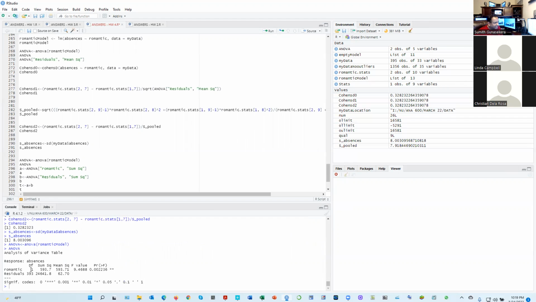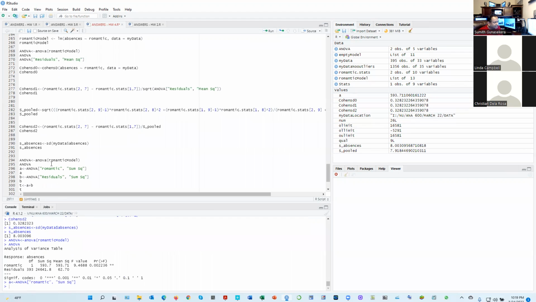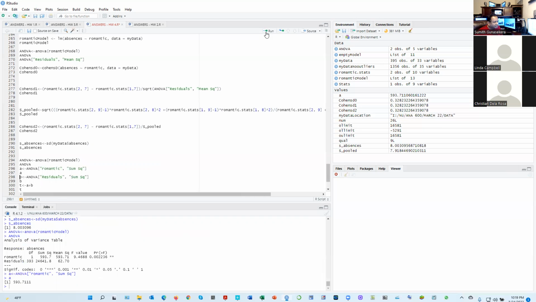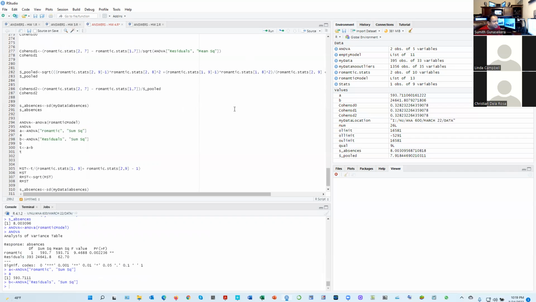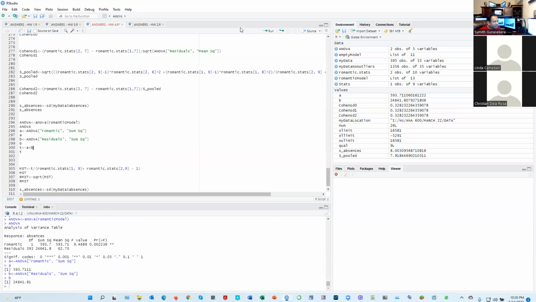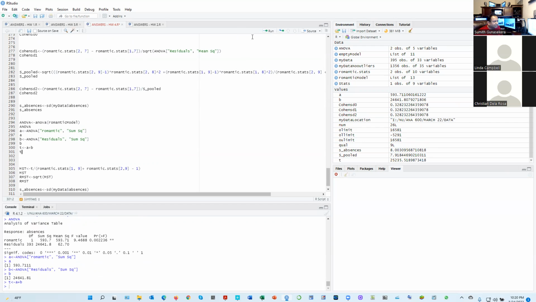See, 593, and this one should be 593. I'm recalling that one. Okay, that one. Then I'm gonna go to the residual one. Which is P. See, which is P. Then I'm gonna get the total of that one.